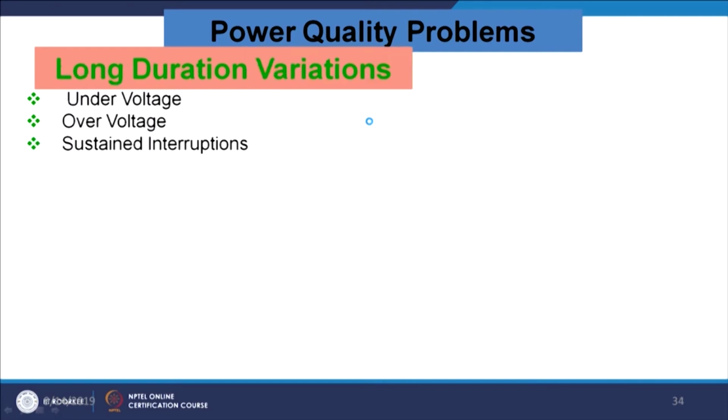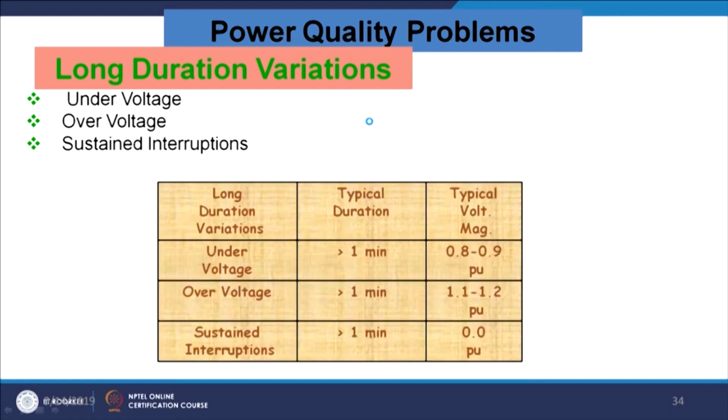So, long duration variations, you know that these are undervoltage, overvoltage, and sustained interruption. Undervoltage, over 1 minute, you can go for 0.8 to 0.9 pu; overvoltage is 1.1 to 1.2; sustained interruption can be more than 1 minute, and thus it is a total blackout, it is 0.